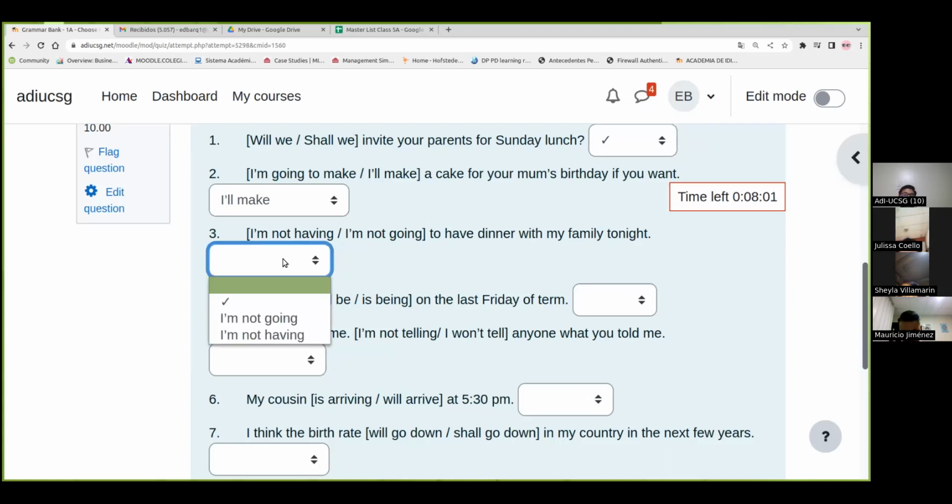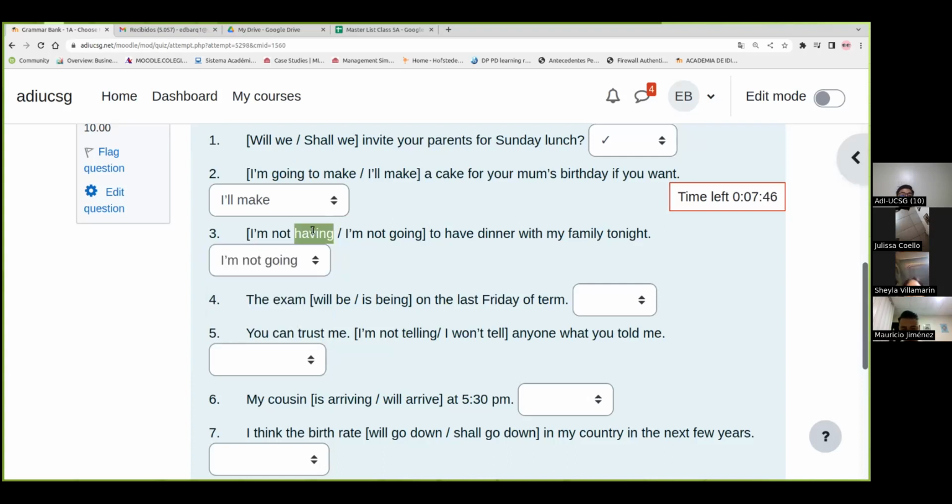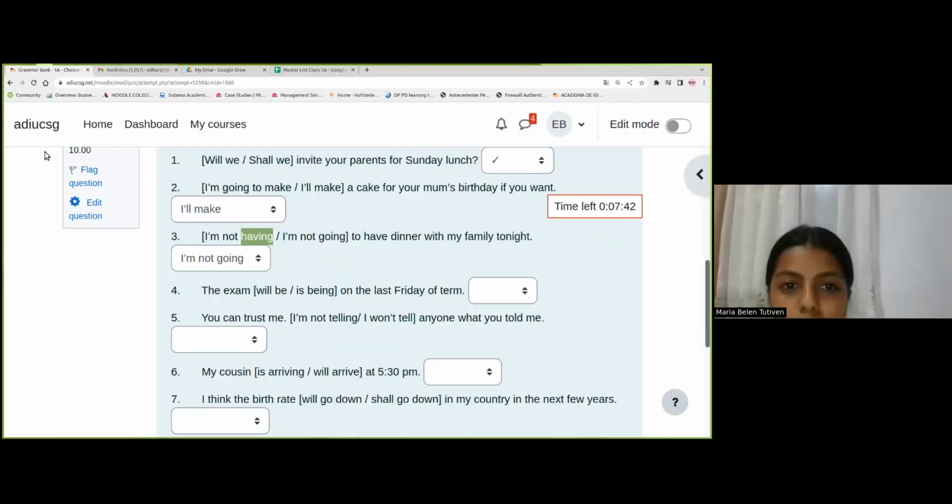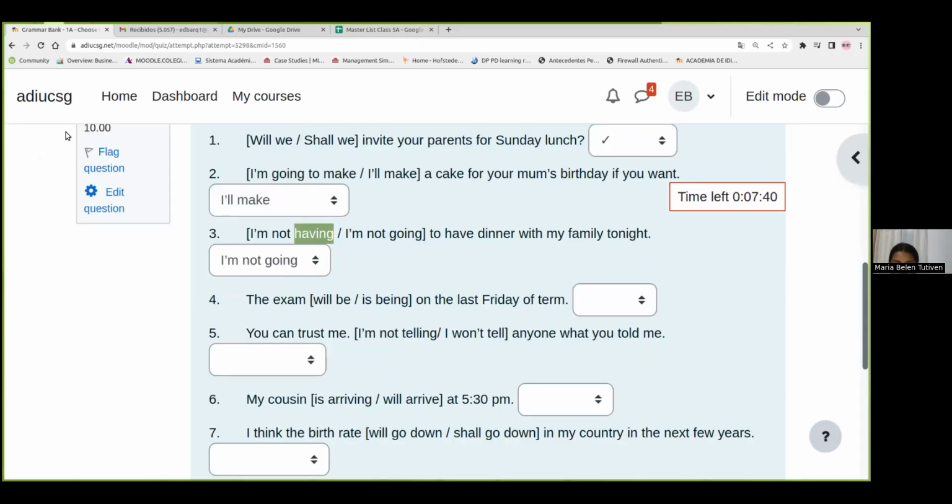What is it? I'm not going to have. Sure, the problem is, the teacher put the check because the two options are correct.